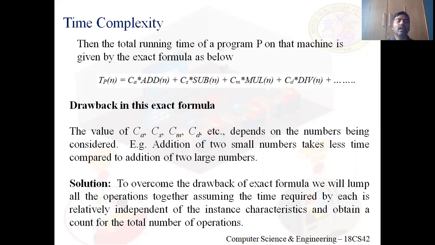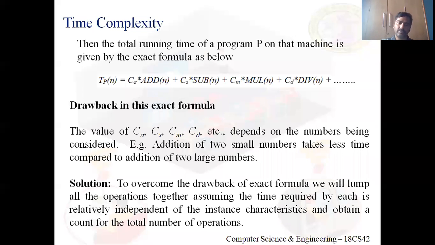So what is that metric? The independent metric is something we'll discuss now. I call it a step count, or an operation count. First, let me tell you what this means. I'm going to give the number of statements in the program.